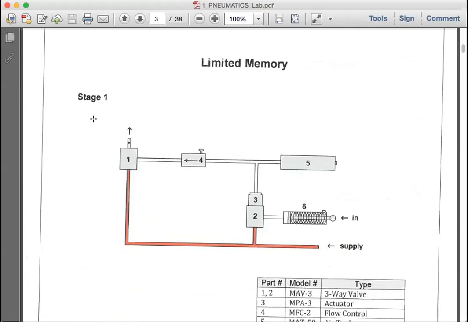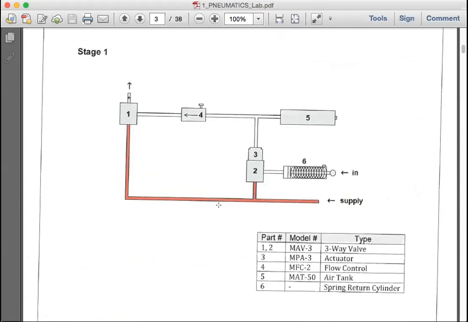So here is stage 1, your initial stage. And as we mentioned, the pressure is only read coming to both three-way valves. And you see over here, those are MAV3 valves, number 1 and number 2. As I told you, each component has a unique number.